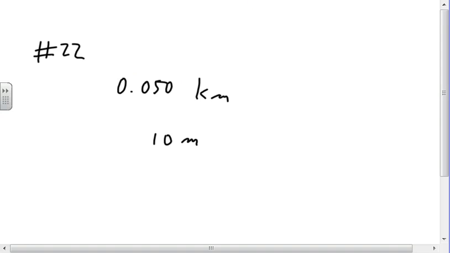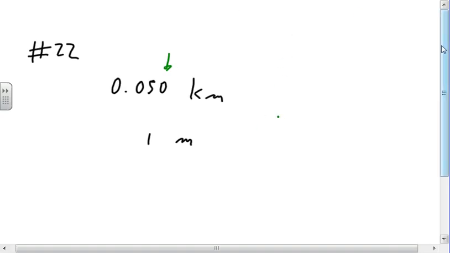No, it would not be 10 meters of precision, would it? It would be 1 meter, because that 0 sitting to the right side of the 5 is significant. So because this 0 is significant, I'm down to 1 meter of precision.